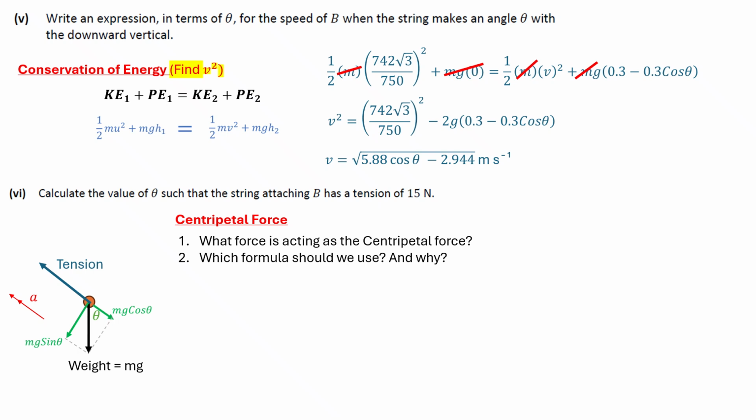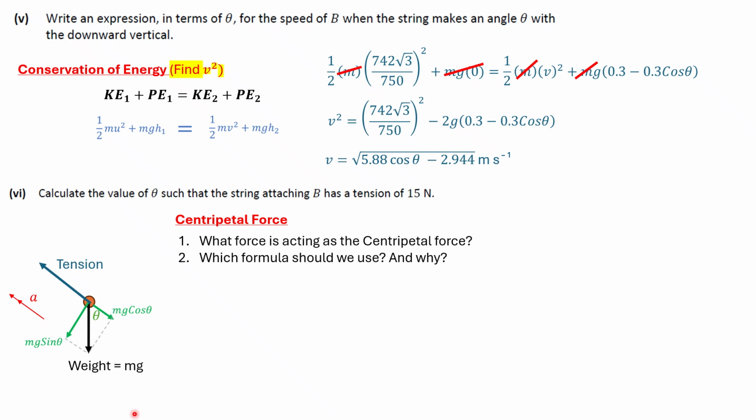Look at where our acceleration is going. Here's our acceleration pointing in that direction. So any forces along this line are going to act as a centripetal force. We're going to have a tension, which is helping it, and then this mg cos theta, which is going the opposite way, and that's going to be a minus.